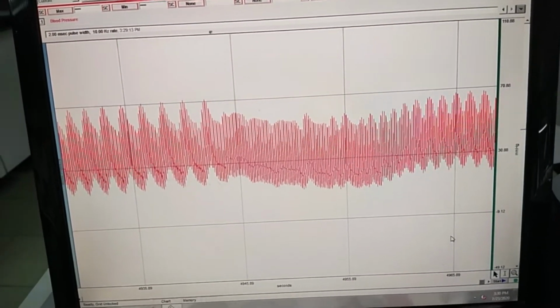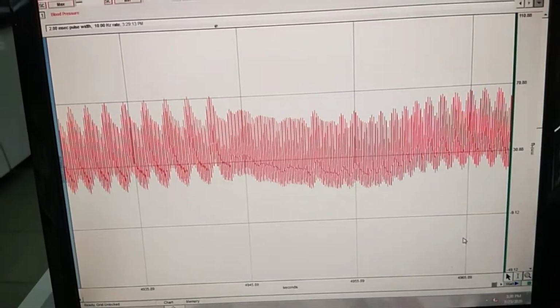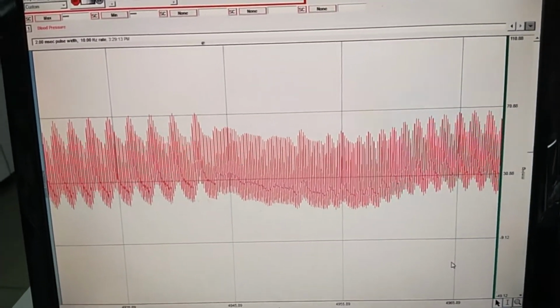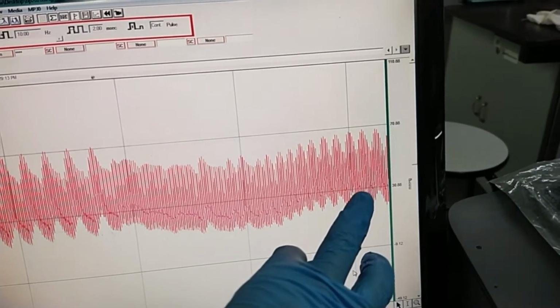As we can see from the graph, after the vagus nerve stimulation, the blood pressure is slightly decreased and then comes back to normal after a few seconds.